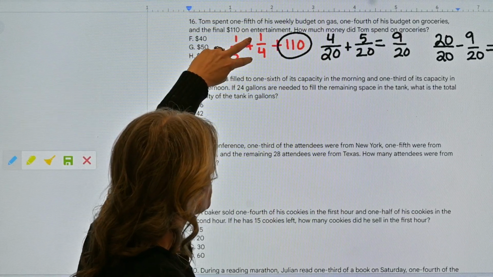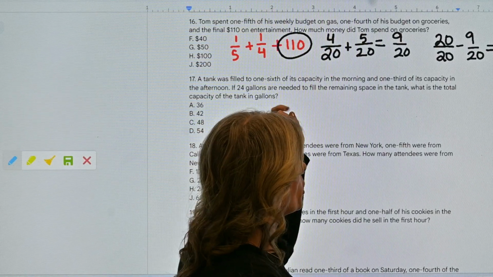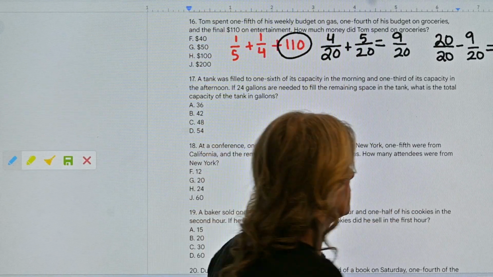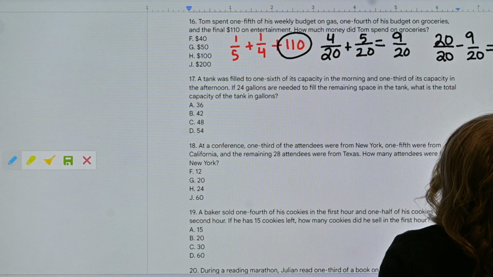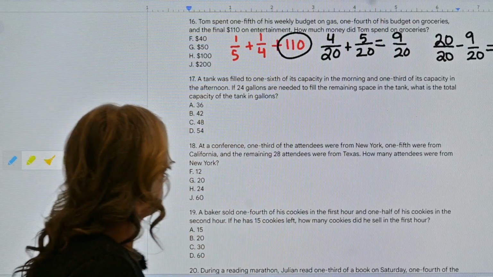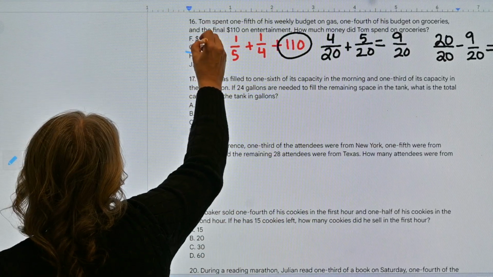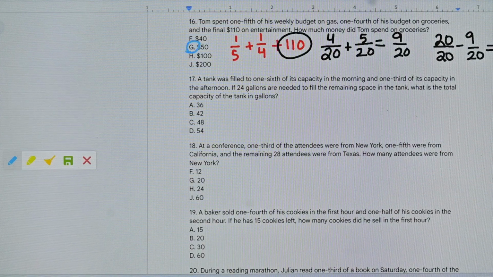Well, groceries was the 1/4 or the 5/20ths. So we're gonna do 5 times 10. And he spent $50 on his groceries. Okay, $50 on his groceries. All right, sound good? You guys want to do one more?